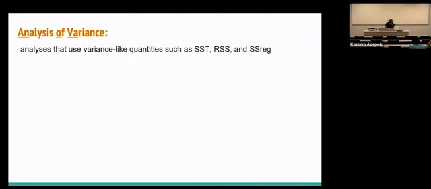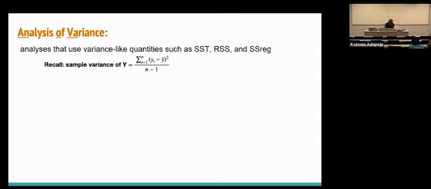So in the analysis of variance, we use a variance-like quantity, of course, such as what I just walked you through: the sum of squares total, the residual sum of squares, and the sum of squares regression. Okay, so you all know that this is the formula to find the variance of y, right?